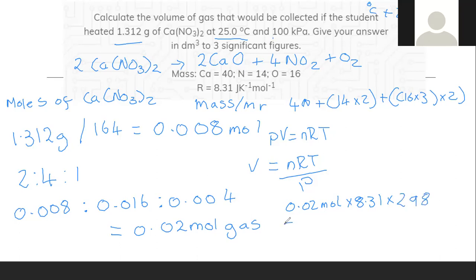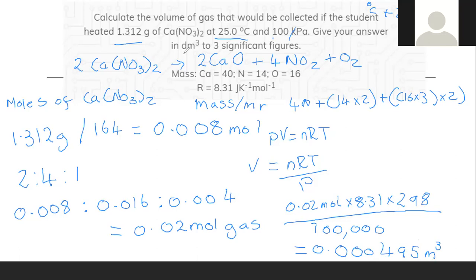We're going to divide that by our pressure, which is 100 kilopascals, but we want that in just pascals, which is 100,000 pascals. Therefore, our answer is 0.000495 cubic meters.